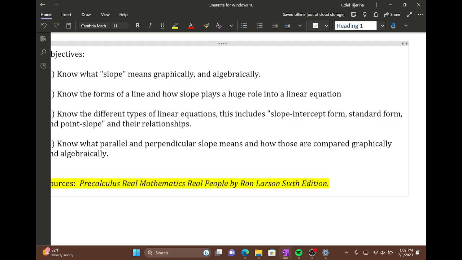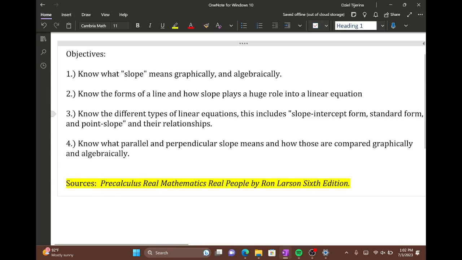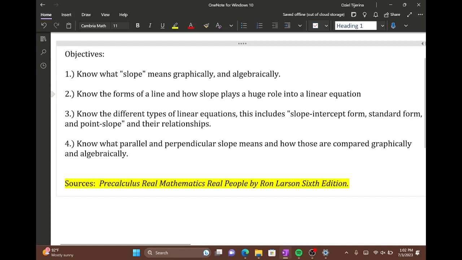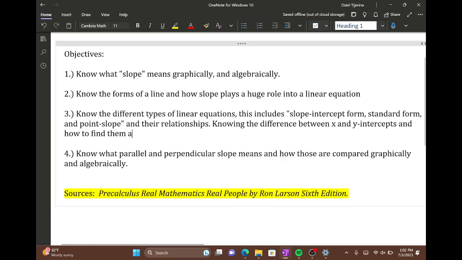I also wanted to add in here the idea of just what x and y intercepts are. I guess I can add knowing the difference between x and y intercepts and how to find them graphically and algebraically.